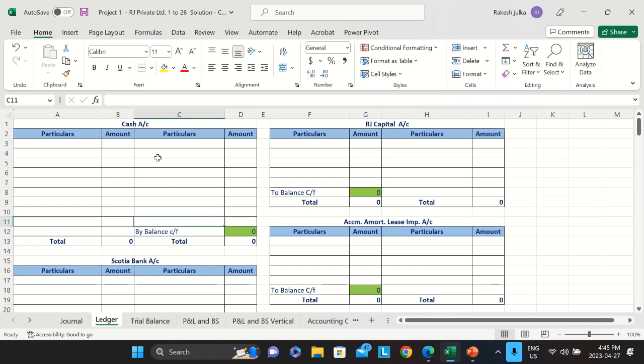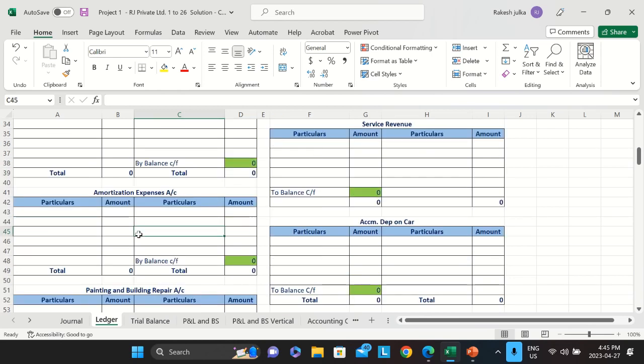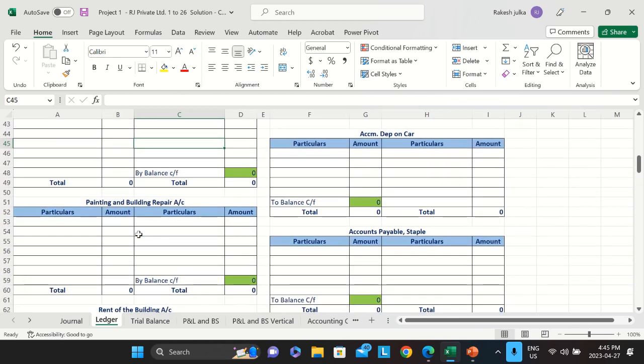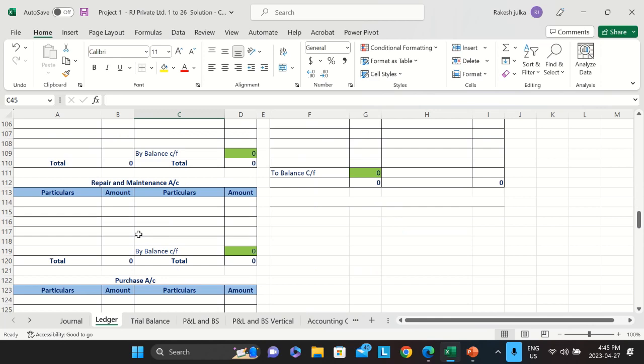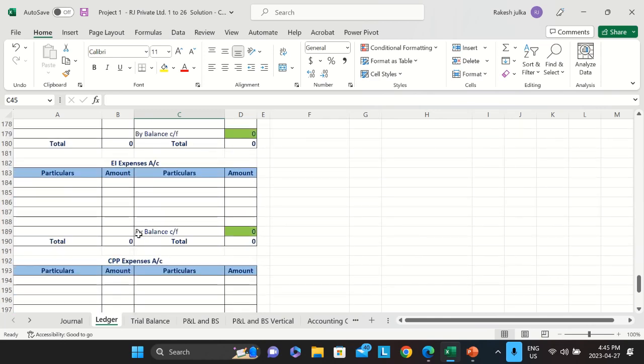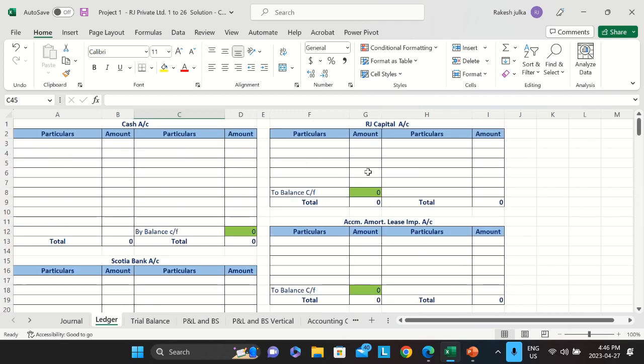Normally we know cash, Scotia Bank, these are assets, leasehold improvement assets, amortization expenditure, all the assets, whether current or fixed, doesn't matter, and all the expenditures will have the debit balance. That's why I have put all the assets and expenditure here on the left hand side, just for my understanding. I can mix them together, but for my convenience, I have created all the ledger accounts in this format.